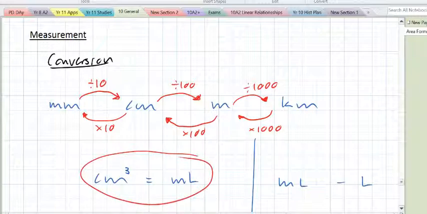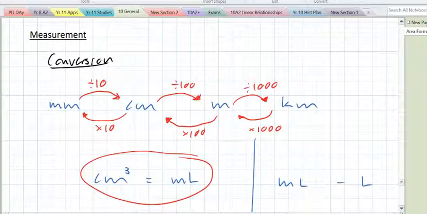So in this bottle here, there are 1,000 milliliters because it's a litre. So what is 1,000 milliliters in cubic centimetres?